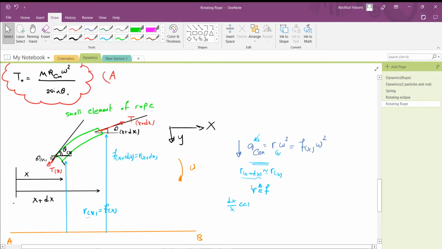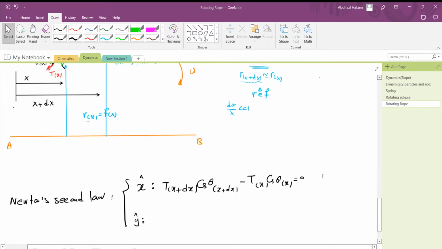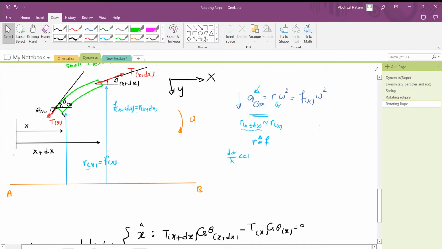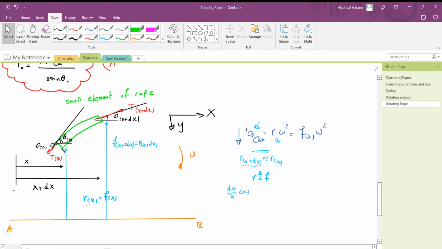This r of x plus dx doesn't affect our equations very much, so I can replace it with r of x.